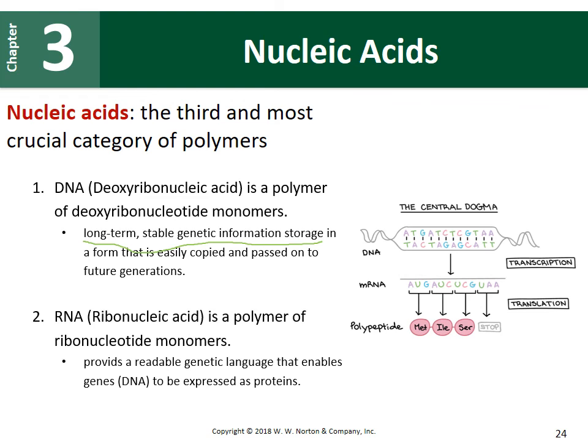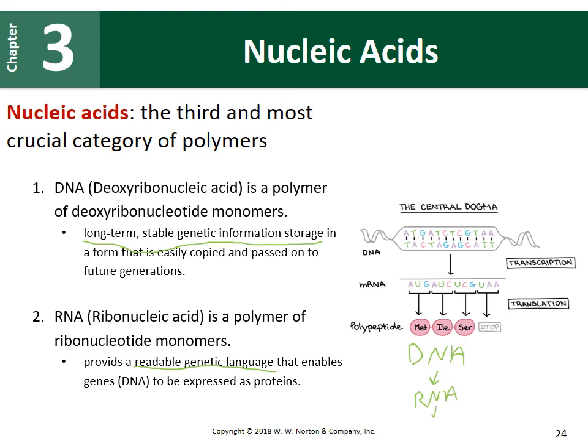The second type of nucleic acid is the RNA, or the ribonucleic acid. This is a polymer of ribonucleotide monomers, and this provides a readable genetic language that enables us to create proteins. To put this into a flow chart, our DNA holds genetic information that is used to create RNA.